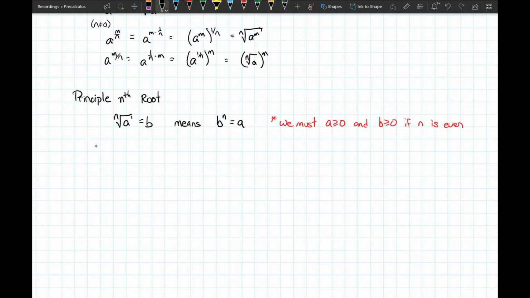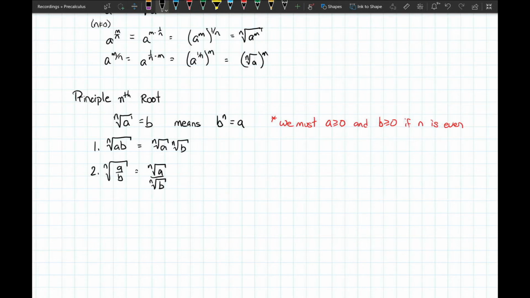So let's look at a few rules that may be a little bit disguised, but they're really the same rules that we just used for integer exponents. The first one, if I take the principal nth root of ab, I can distribute across multiplication. If I take the nth root of a quotient, a divided by b, I can distribute across division.